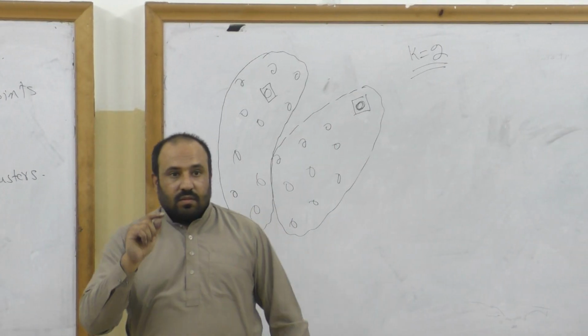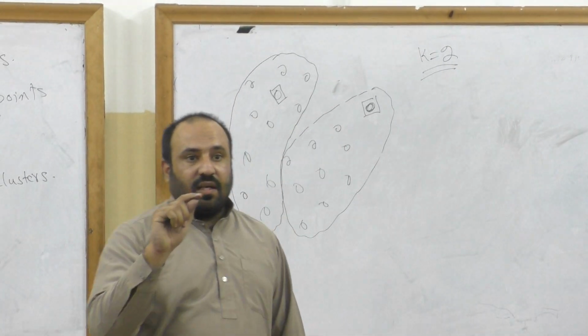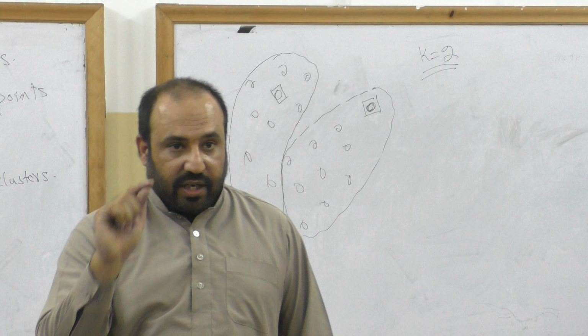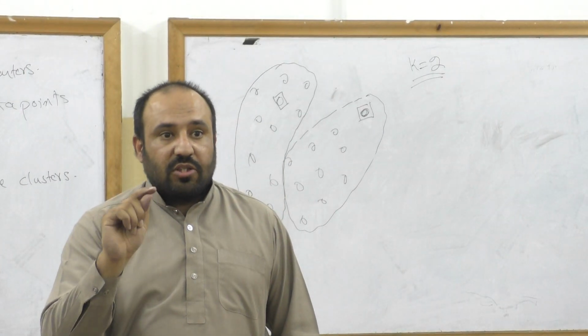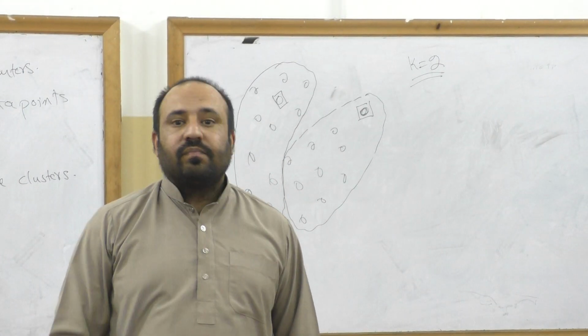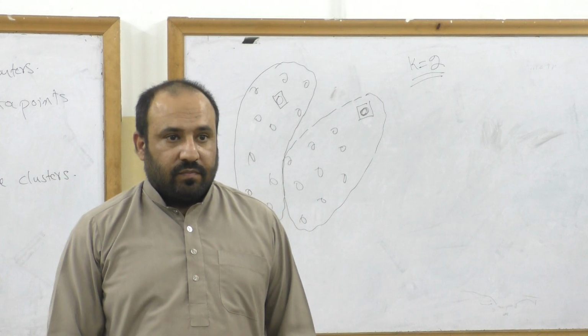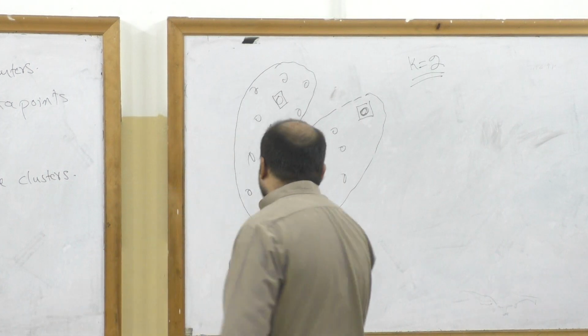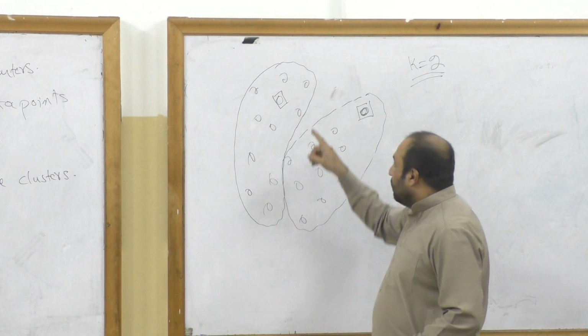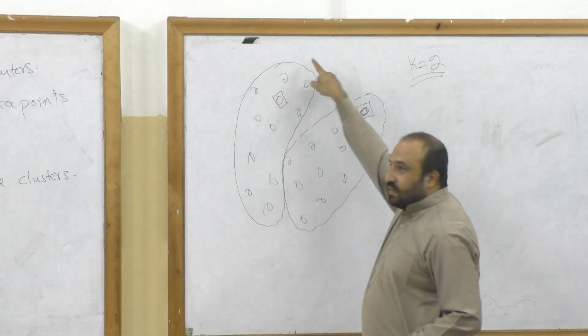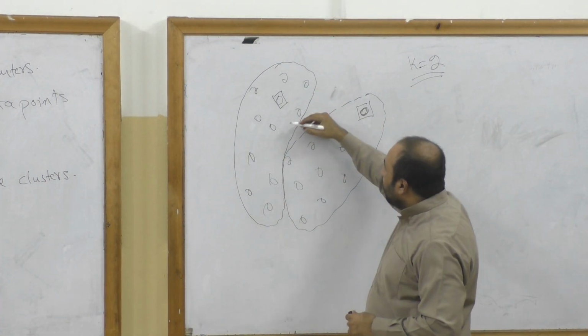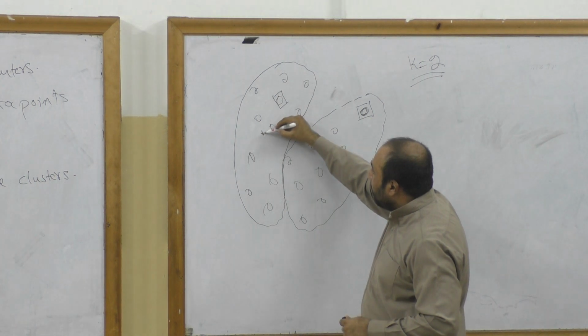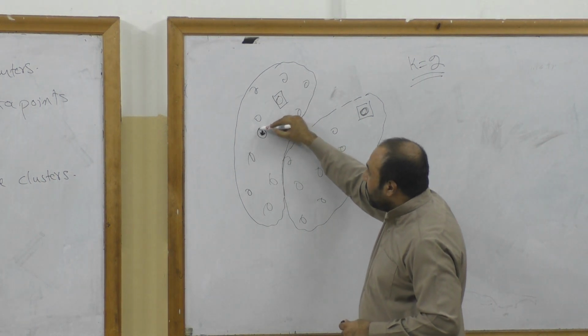So xi is assigned label j if it is closest to the jth mean. Make sense? Okay. Now you recompute the centroid of this, and the center of this might become here. This is no longer a data point.